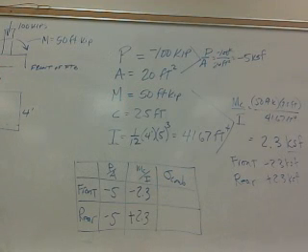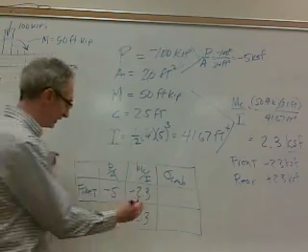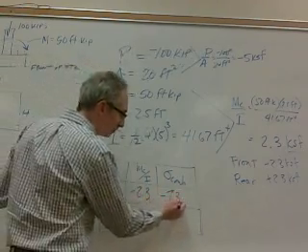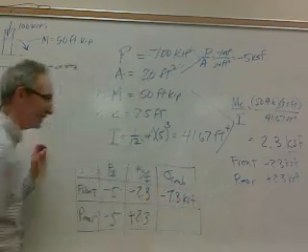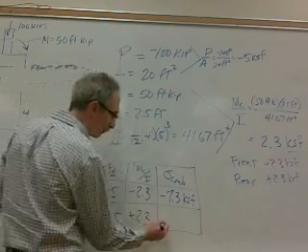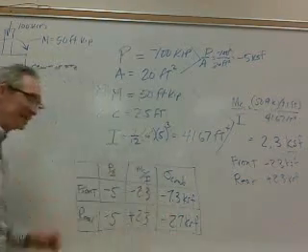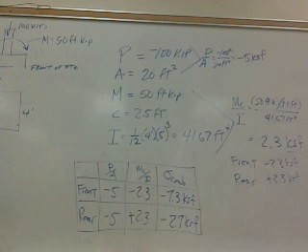So my combined stress is simply this. In the front, that's minus 7.3 kips per square foot. And in the rear of the footing, that's negative 2.7 kips per square foot. All right?